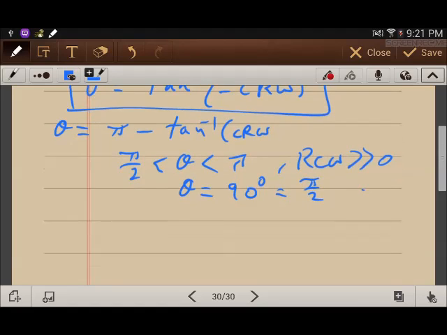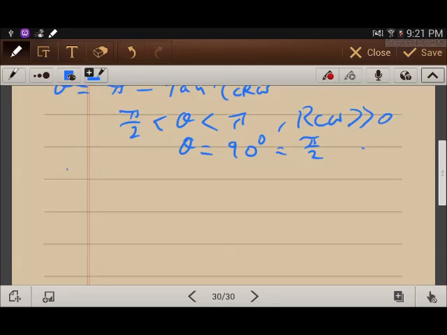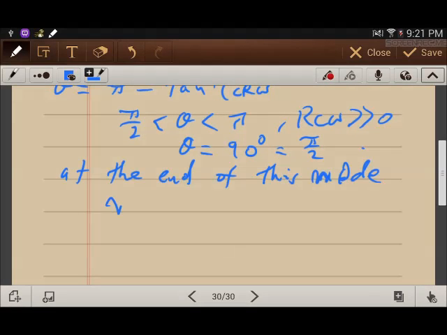So now at the end of this mode, VC is equal to V output, which is equal to V maximum sine theta.